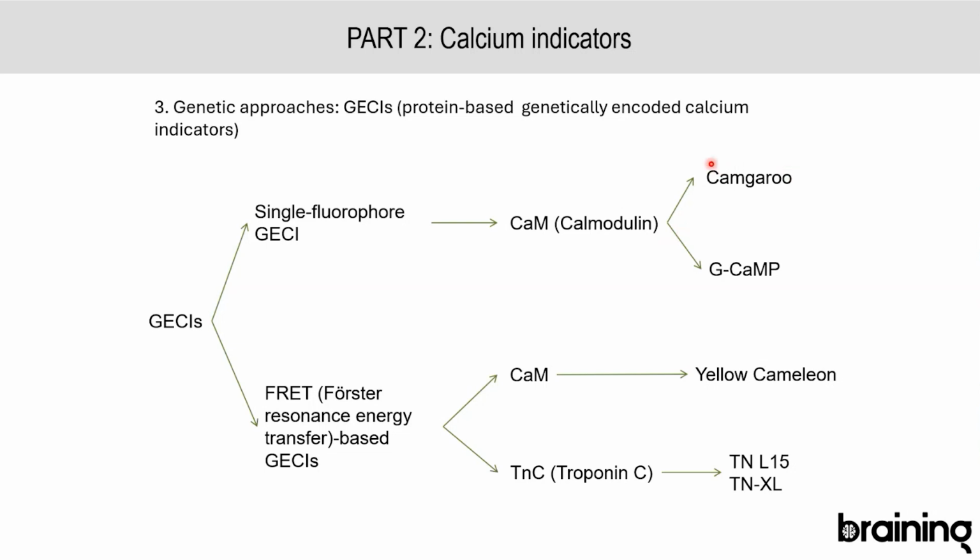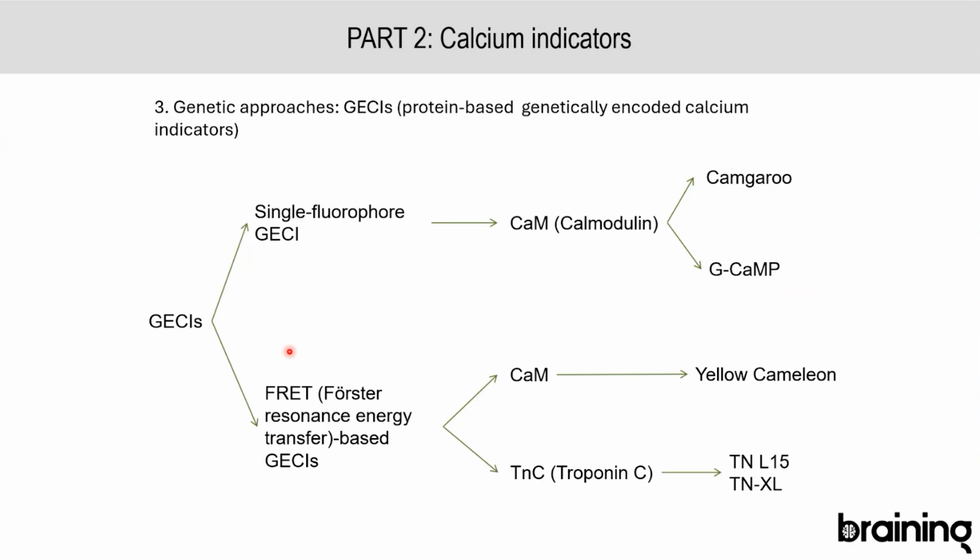And we have two different types of proteins that can have this calmodulin, which are the Camgaroo and the GCaMP proteins. I will be mainly focused on this one because this one is largely used in the neuroscience field.